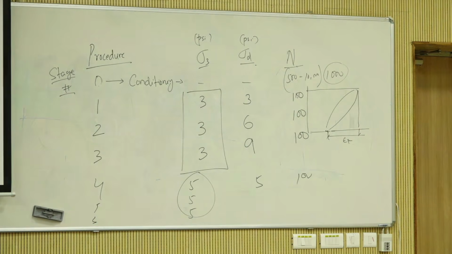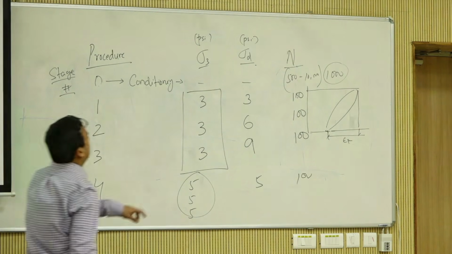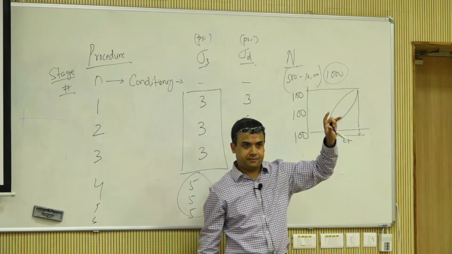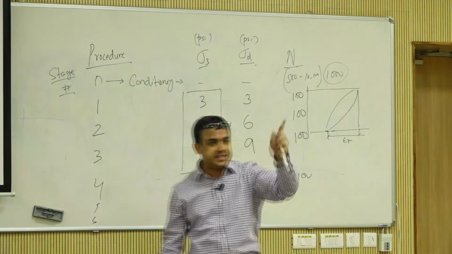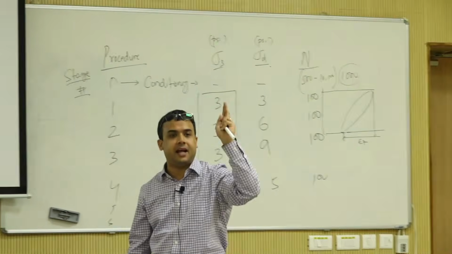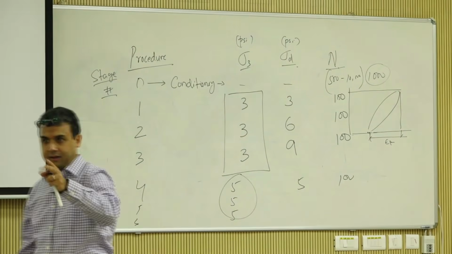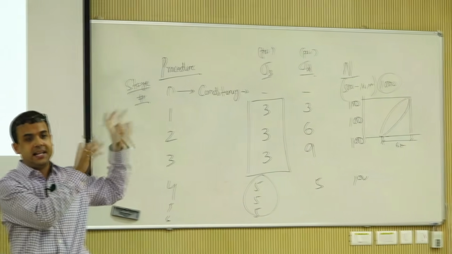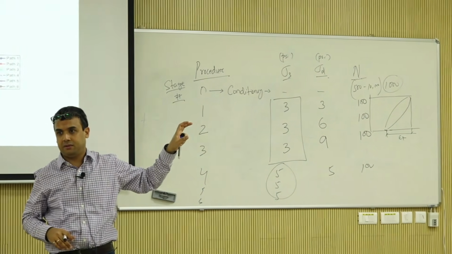But the test procedure says that out of the 100, you take the last 5. 96, 97, 98, 99, 100. That 5, you take the average, that is what your resilient modulus reported is.